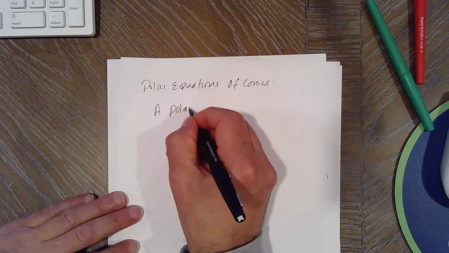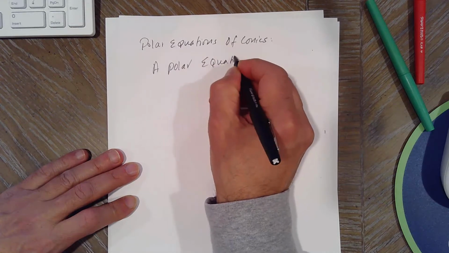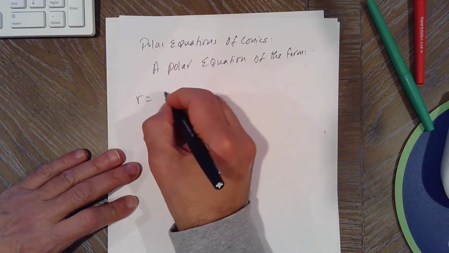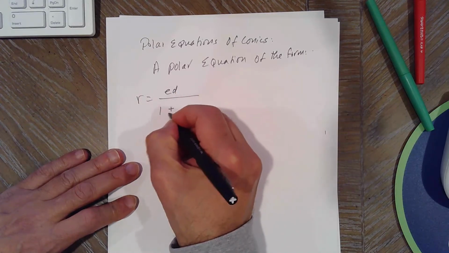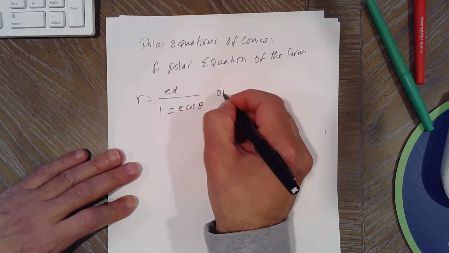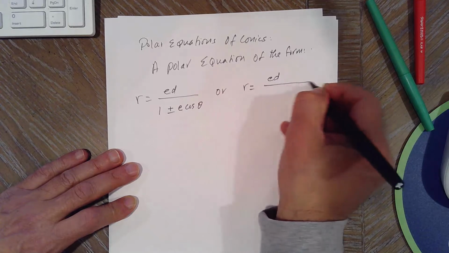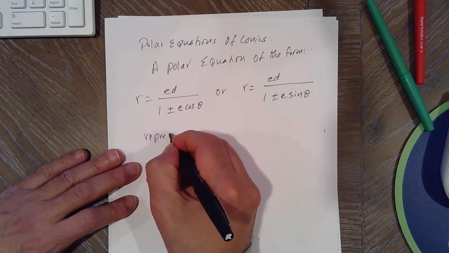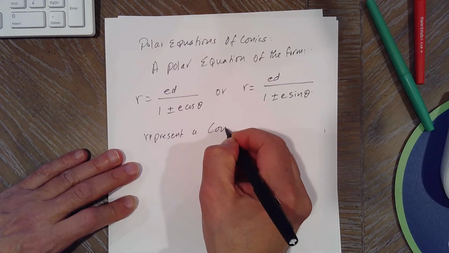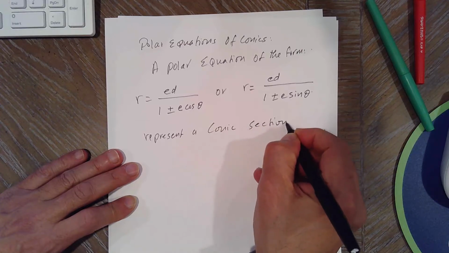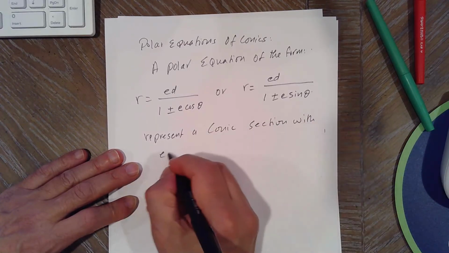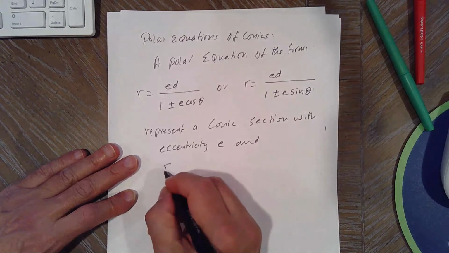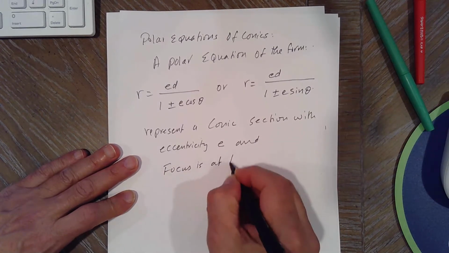A polar equation of the form r equals ed over 1 plus or minus e cosine theta, or r equals ed over 1 plus or minus e sine theta, represents a conic section with eccentricity E, and most importantly, the focus is at the pole.